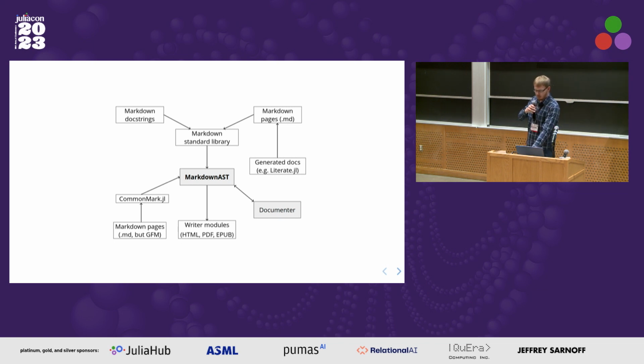Another example is that if you have any generated documentation, you can generate the MarkdownAST of it and just pass that to Documenter. Then Documenter takes the MarkdownAST and passes it back out, and the writer modules can also use MarkdownAST. Everything is standardized and documented, so you have this nice interface now, rather than ad hoc representations of these Markdown documents.